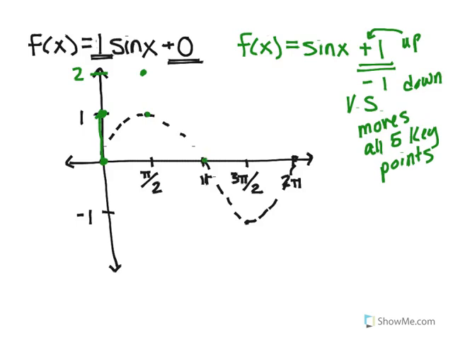My pi coordinate here needs to move up 1 unit, so now I'm at 1 there. At 3 pi over 2, if this bottom peak, if this minimum moves up a unit, I'm now at the horizontal axis. And then my last point needs to move up 1 unit, so I'm right here. And notice this is still going to give you the same exact sine curve. The whole thing has just been moved up 1 unit.